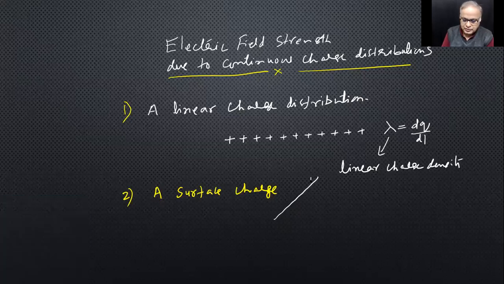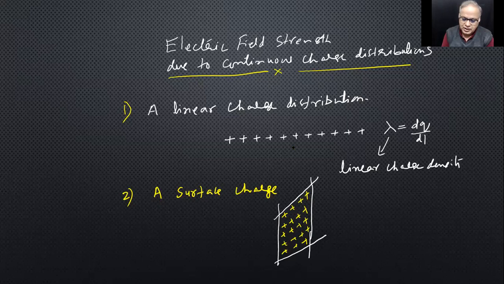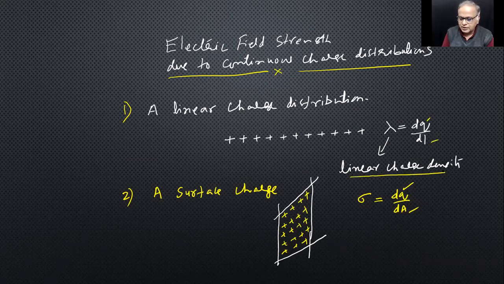You can think of some imaginary surface like that, and think that charge is somehow smeared on this. So our job is to find the electric field strength of such surface charges. This is a linear charge, this is a surface charge. Here we define sigma, that is dq by dA, charge per unit area. This was charge per unit length, called linear charge density. This will be called surface charge density.